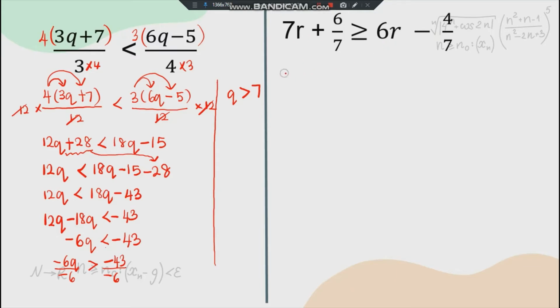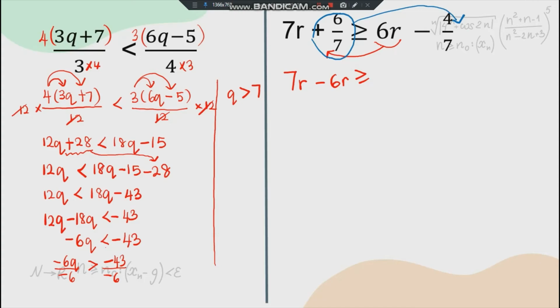So I will bring 6r into our left hand side. It will become minus 6r, and then I will bring the numbers, the fraction, plus 6 over 7 to the right hand side. The symbol remains the same. We are not multiplying or dividing any negative numbers.